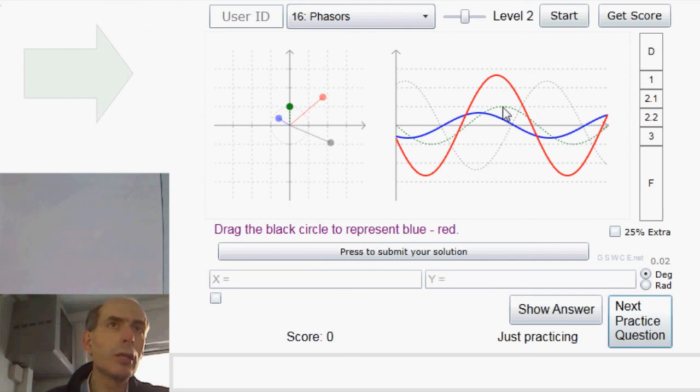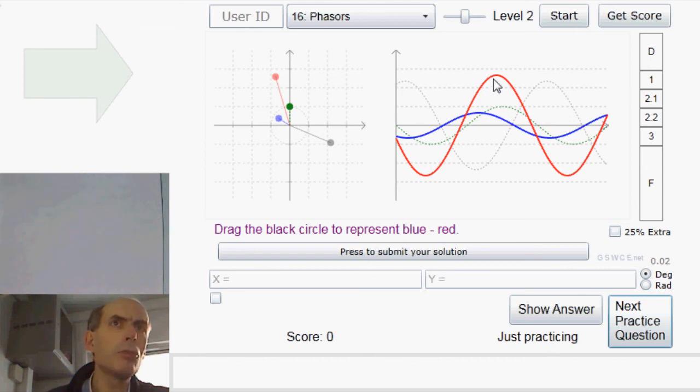The red one is leading the green, so anti-clockwise by not very much in terms of degree at all. Its maximum occurs there, the green maximum occurs here. That's not very much of a period.